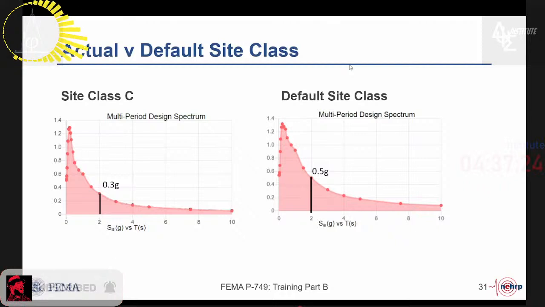So there is a very significant penalty to using the default site class in terms of the amplitude of the seismic forces that you end up designing for. I therefore don't recommend its use except for very small projects where seismic design forces are not likely to have major economic impact on the design.